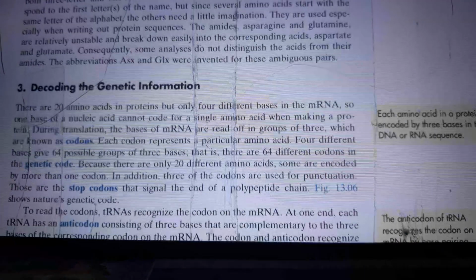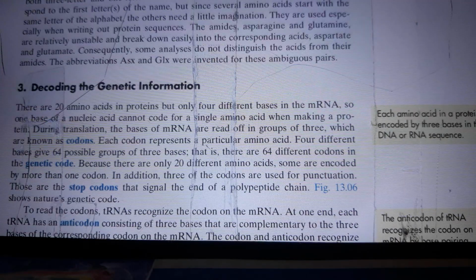Right, now the 20 different amino acids normally found in proteins may be represented by 3-letter and 1-letter abbreviations, table 13.1. So we'll look at that quite shortly. These mostly correspond to the first letters of the name, but since several amino acids start with the same letter of the alphabet, the others need a little imagination. They are used especially when writing out protein sequences.